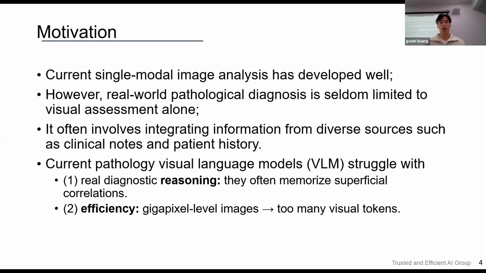However, current pathology vision large language models struggle with real diagnostic reasoning, and they often memorize superficial correlations between the whole slide image and the diagnosis result. We also have to pay attention to efficiency, because the whole slide image is a gigapixel-level image. It is too many vision tokens for the current vision large language model.